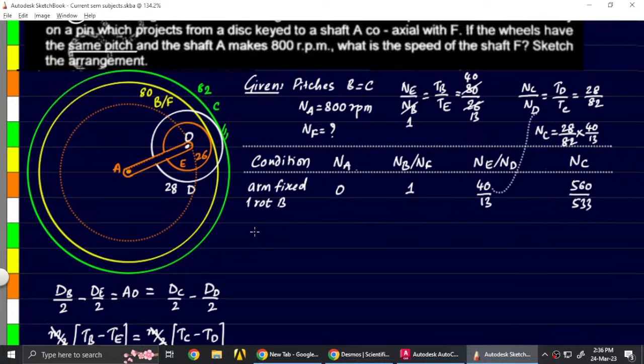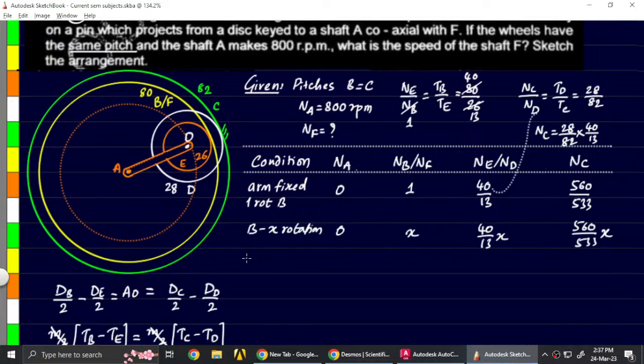Now let us say we are rotating the first one, that is B. B is rotated by X rotations. If B is rotated by X rotations, X gets multiplied to all the values that we have here, and same here.